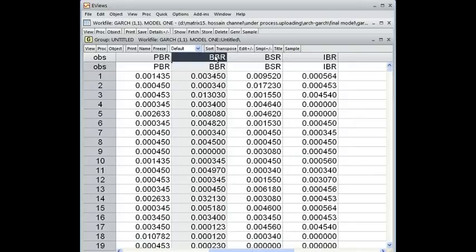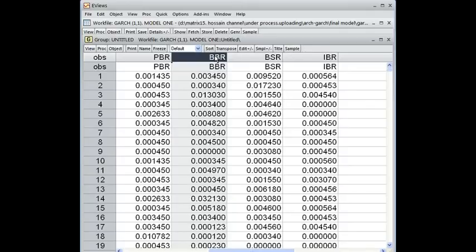A GARCH model has 2 parts: one is mean equation and then variance equation. I discussed this in the previous video. First I develop the mean equation, then I shall develop the variance equation.